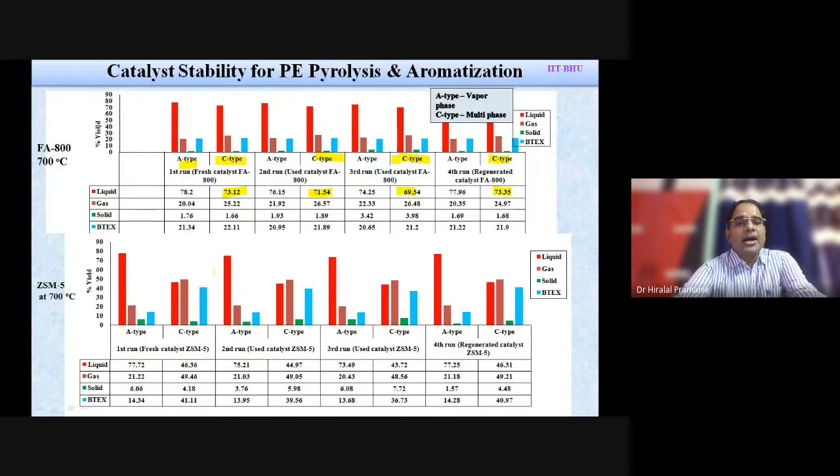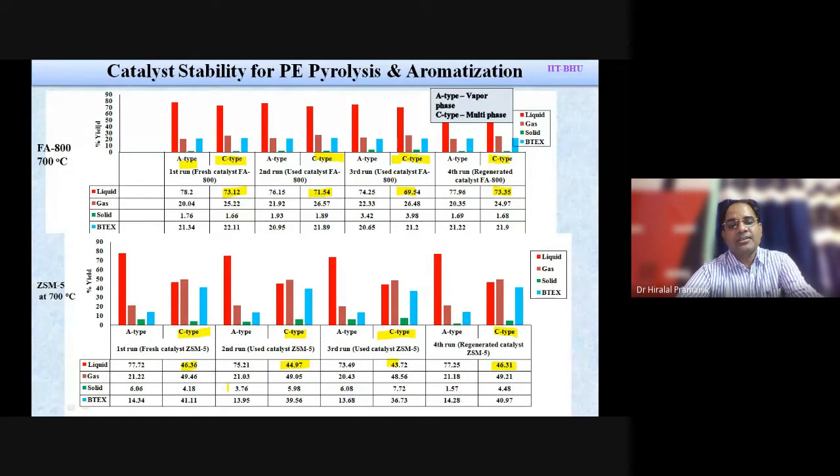Similarly for ZSM5, if you see the catalyst, this is C type for ZSM5, you can compare this C type. I am not talking about A, because C type is the best one, and the liquid yield is 46.36, right? And here you can see 44.97 decreasing, 43 decreasing, and the regenerated catalyst gives a result just like the fresh catalyst.